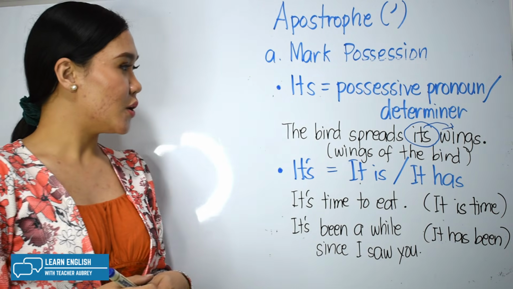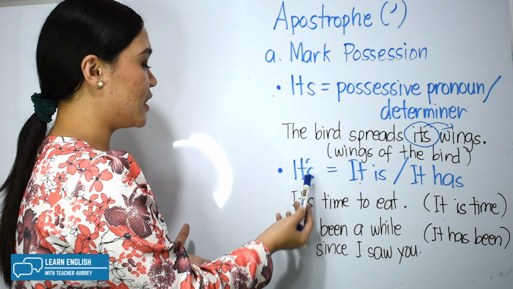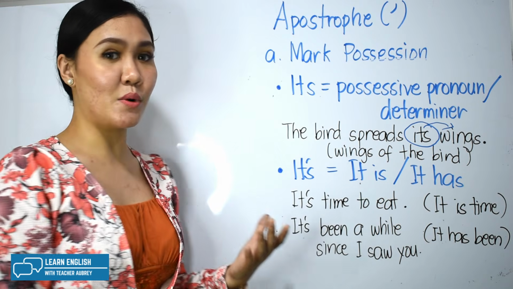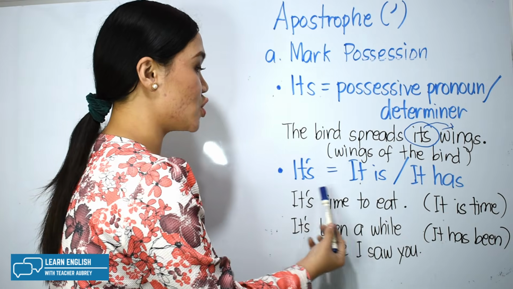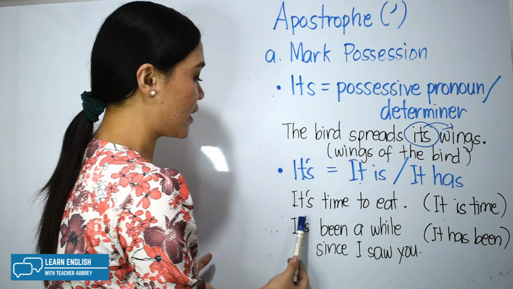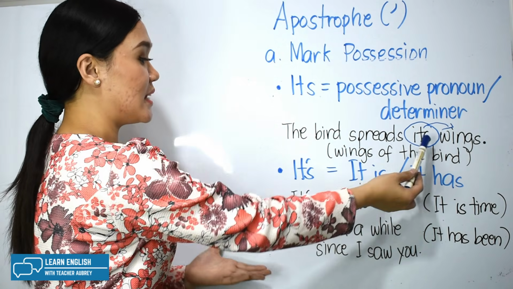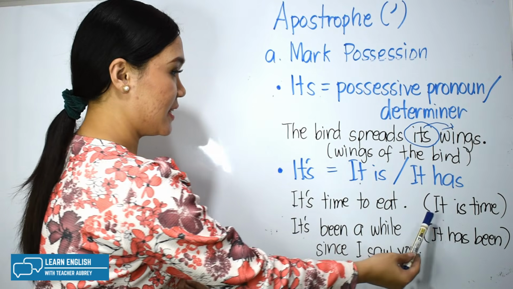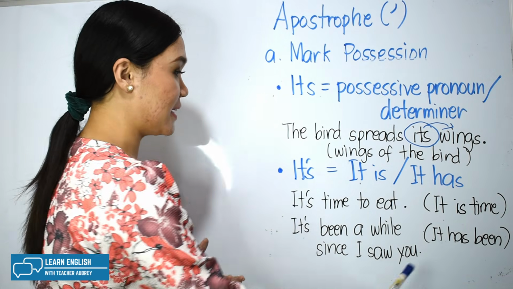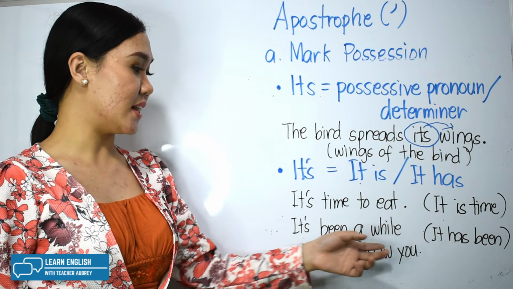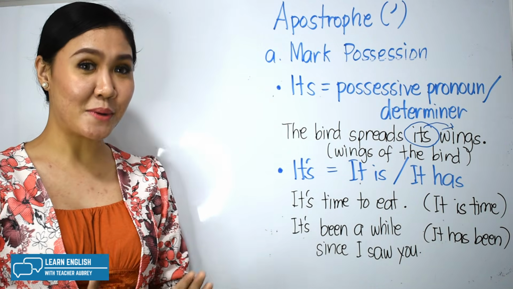That's it. Pero, gagamitin natin yung ganitong version, it's, na karaniwang kinalilituhan ng marami, kung contracted version siya ng it is. Magkatunog sila pero magkaiba. It's time to eat. O kaya naman, it's been a while since I saw you. Huwag tayong malito.